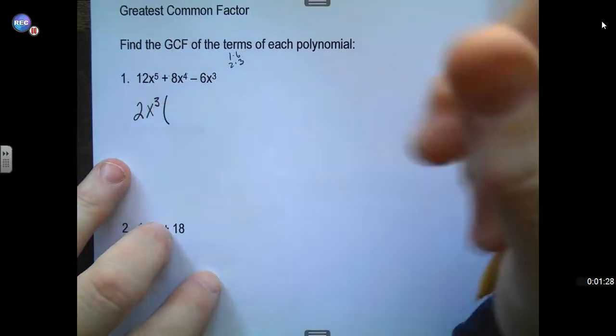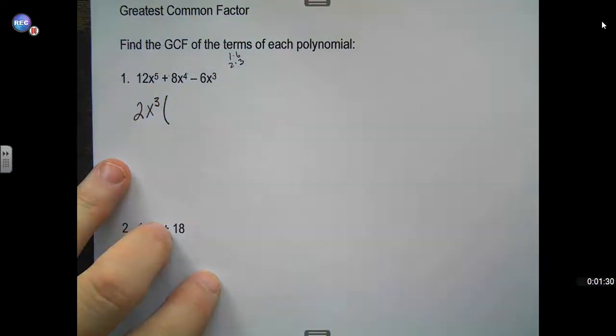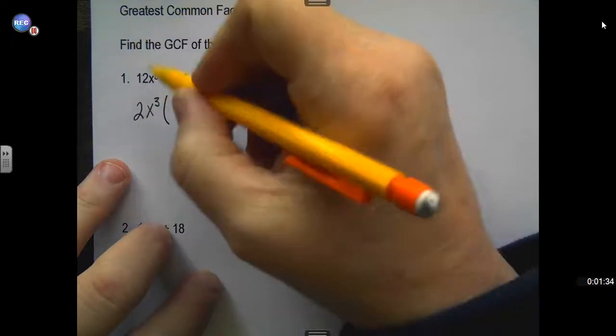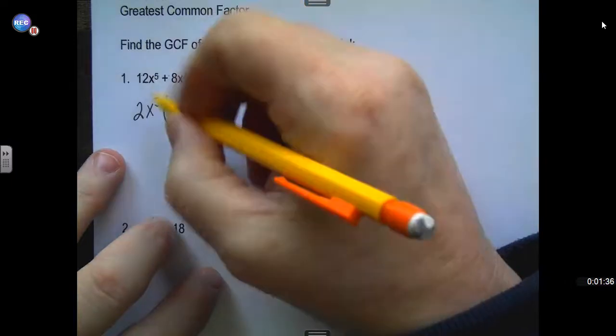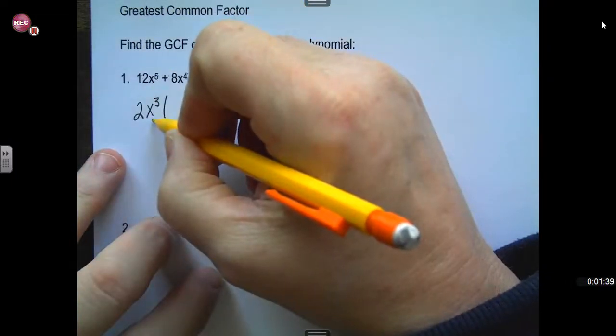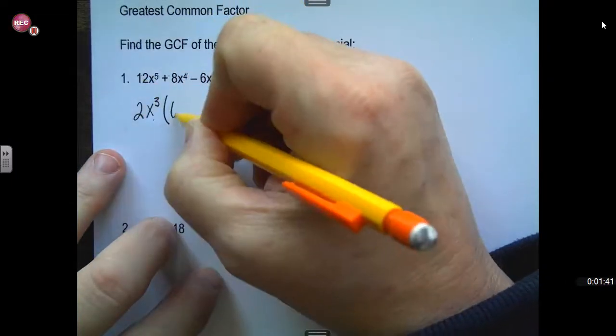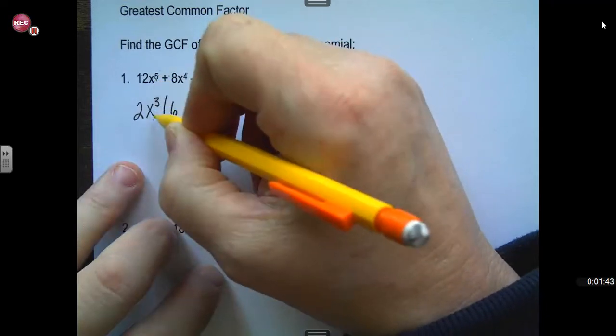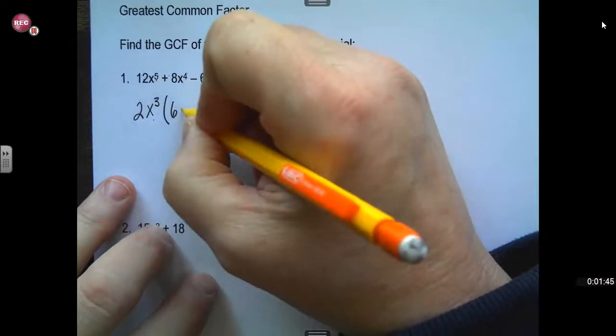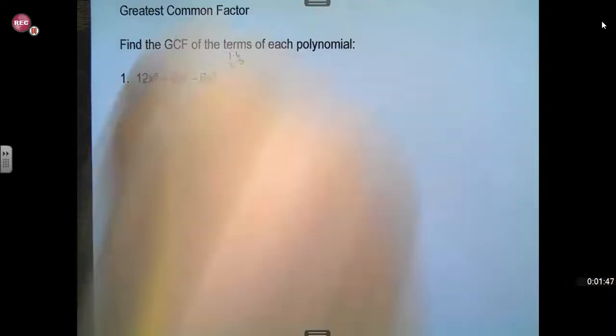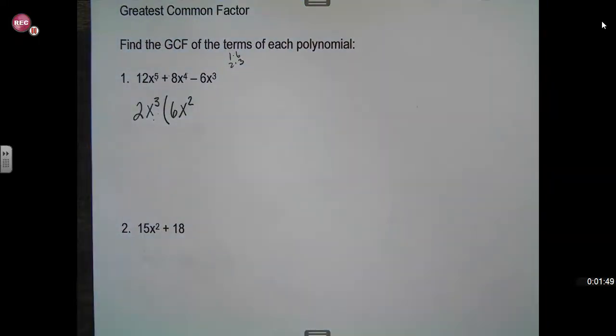And then factoring that out is like dividing. I'm going to take 12x to the 5th and divide by 2x cubed. 12 divided by 2 is 6, and x to the 5th divided by x cubed is x squared. That's how I get that term.